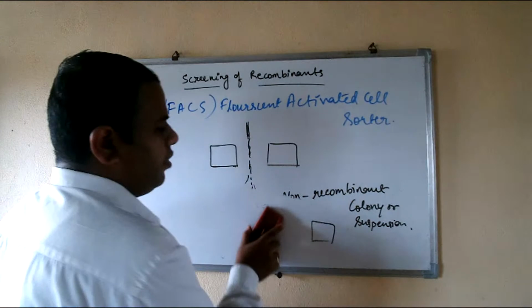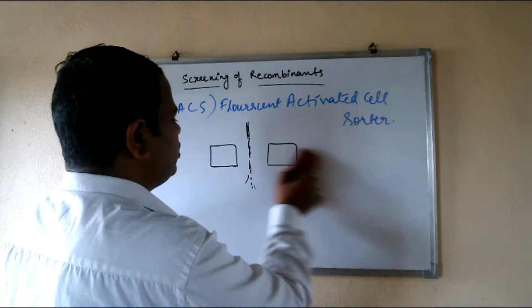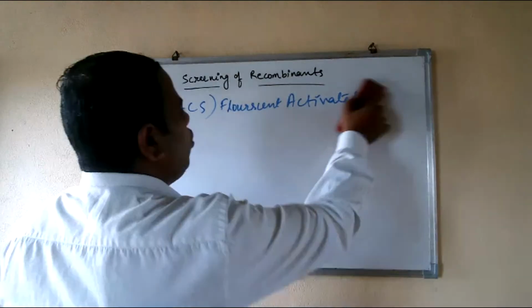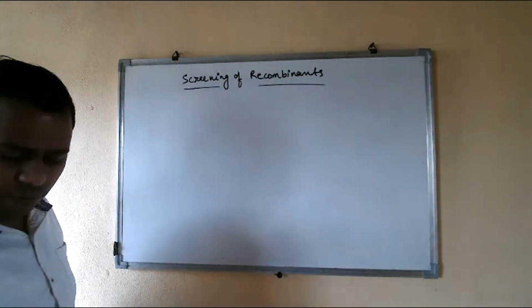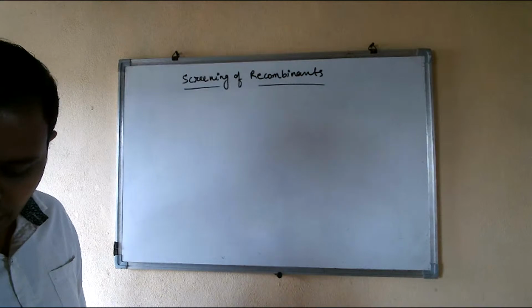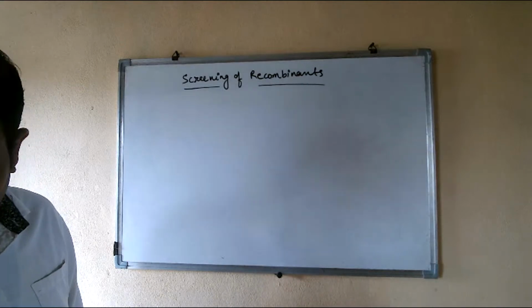Now let's see the next one, that is colony or plaque hybridization. What is colony hybridization? When you are going to check for the presence of a particular gene in a particular colony, it is called colony hybridization. So let's see.